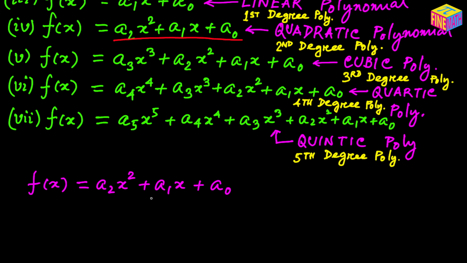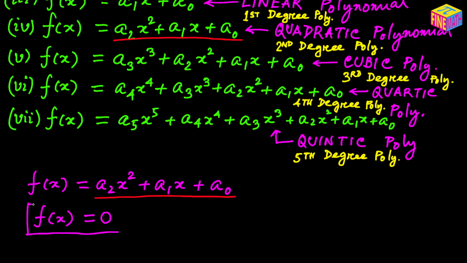Now what is a quadratic equation then? Well, when this function or this algebraic expression, which is nothing but a quadratic polynomial, is equated to 0, meaning when the function itself is equated to 0, then it becomes an equation. So this is an equation, right?